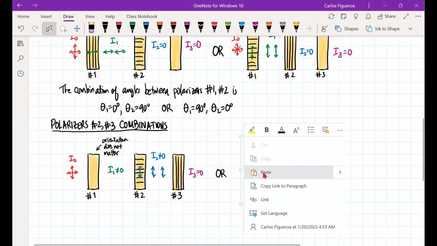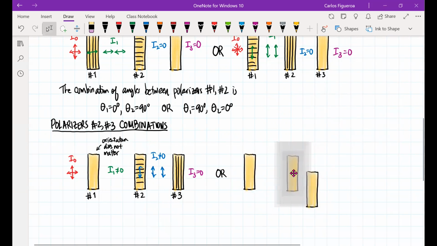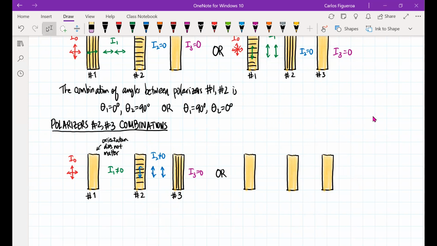So if I come in and I stick my 3 polarizers here again, just as I did before, now I can have the same type of situation. So you could see what I'm going to do here is reverse it. Right, so I'm going to move this over just a tiny bit.